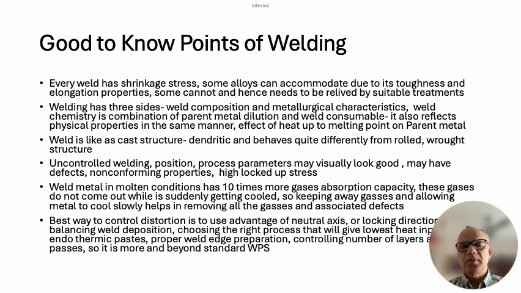That means if we are using argon, helium, CO2, mixed gases, or flux which is burning either in the electrode or in a flux cored wire, or a chamber in which we are going to do the welding, each of these gases will have a solubility or absorption into the weld metal, and as I have written here, 10 times higher absorption or solubility.